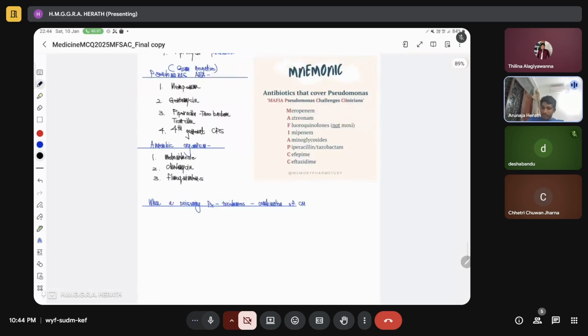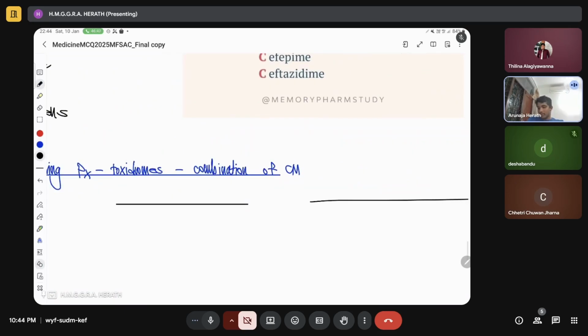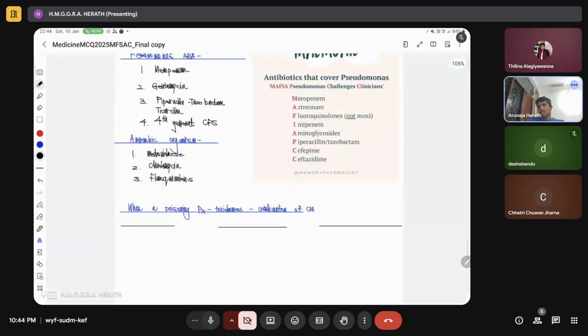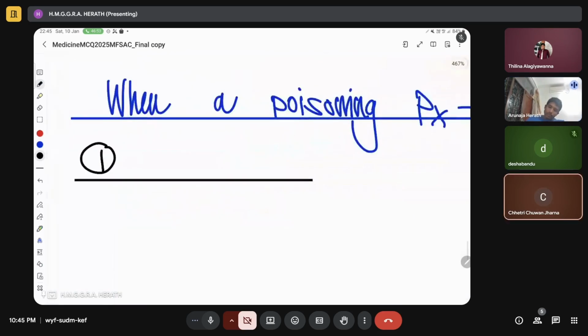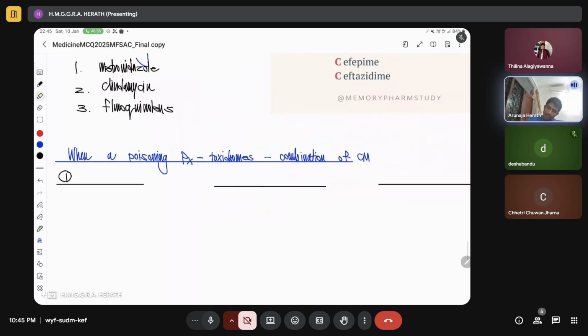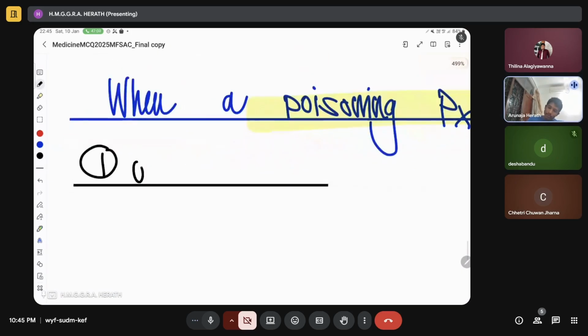So what are the toxidromes that you know? Toxidrome means a collection of clinical signs that comes about when a patient ingests a certain type of toxin. There is an opioid toxidrome.